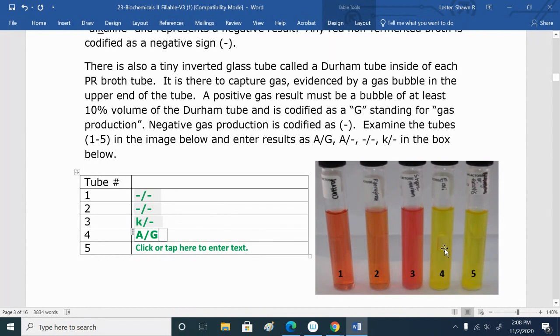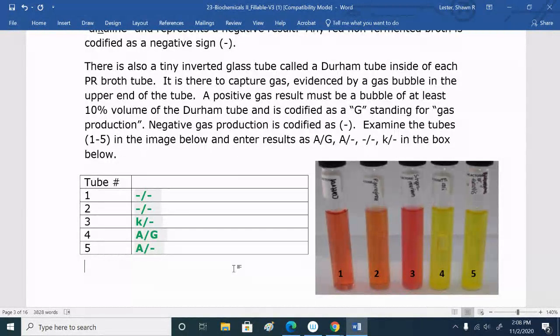So it's acid and gas. And then the last tube, tube 5. Is it A minus? Yep, acid but no gas. So that's how we would score the tubes.